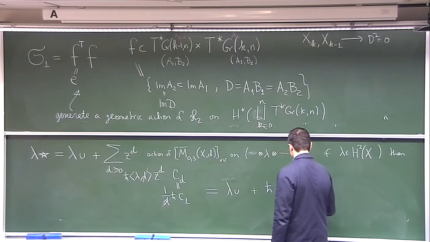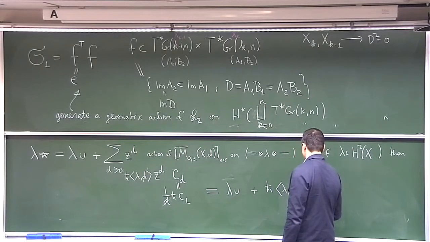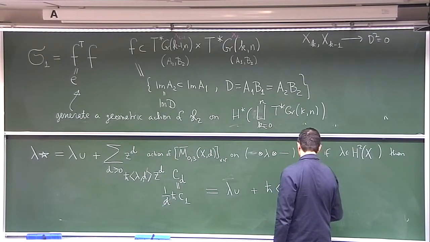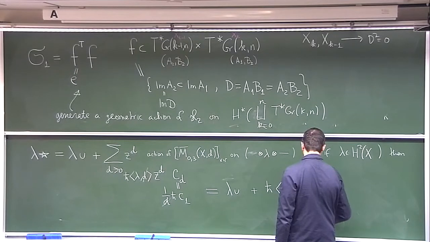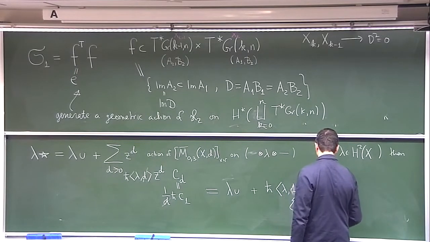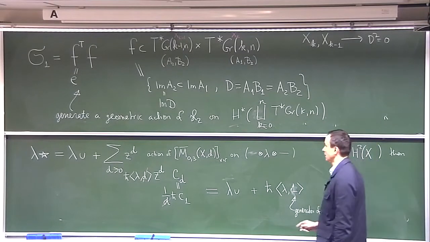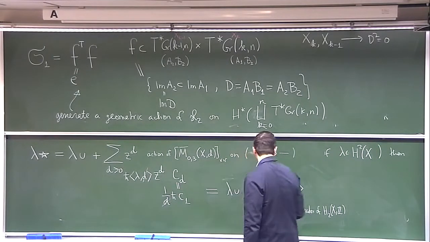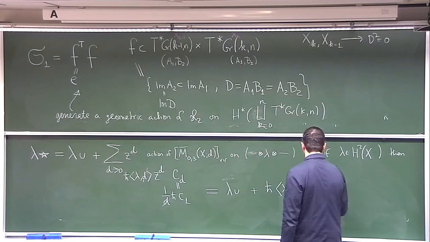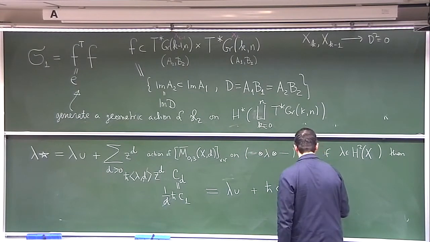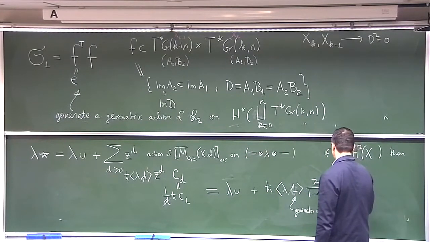This is the generator of H2. And then I get a geometric series, so I'm going to get z over 1 minus z times EF.